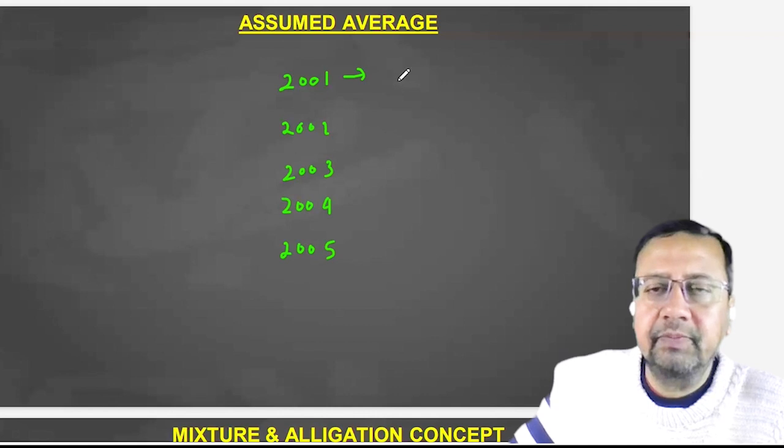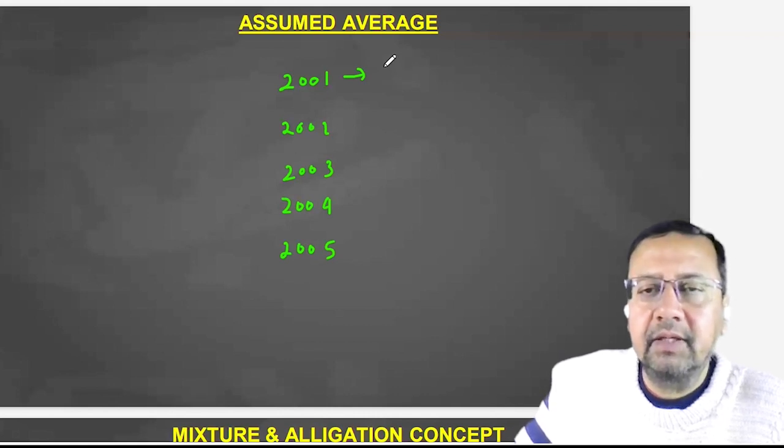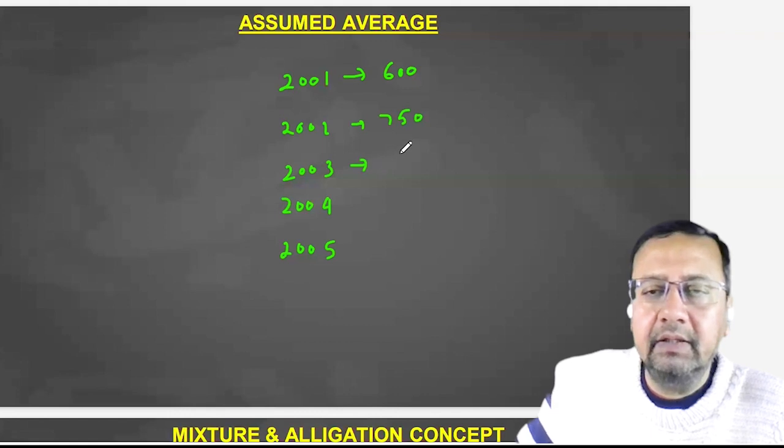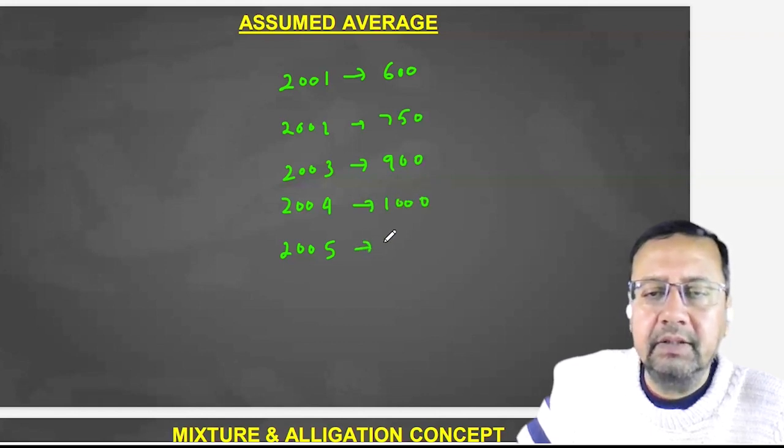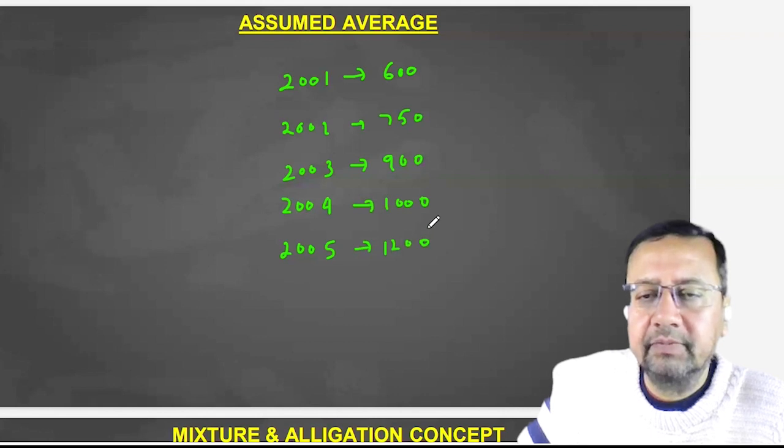So suppose this is something like 600 units, and this 750, and this say 900, and this say 1000, and in this say 1200, right?